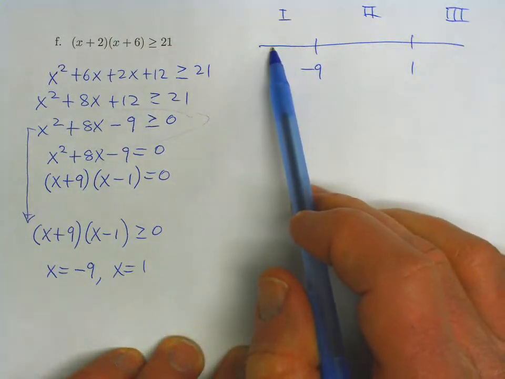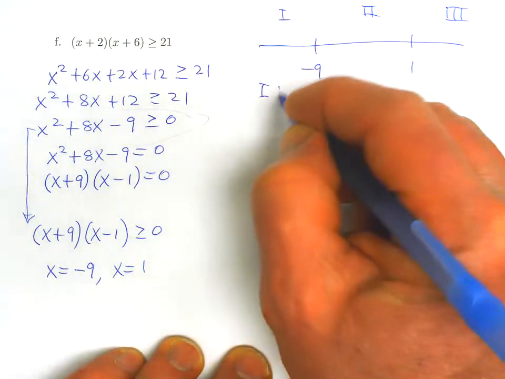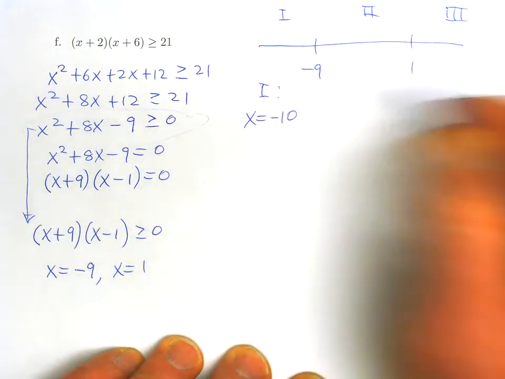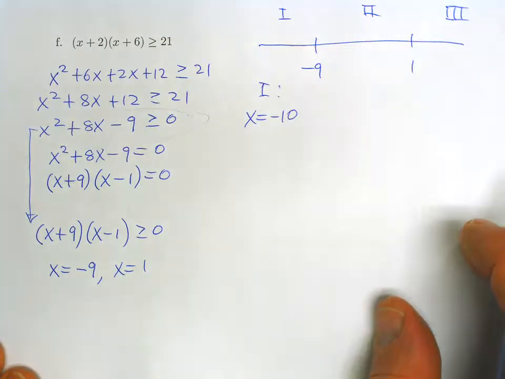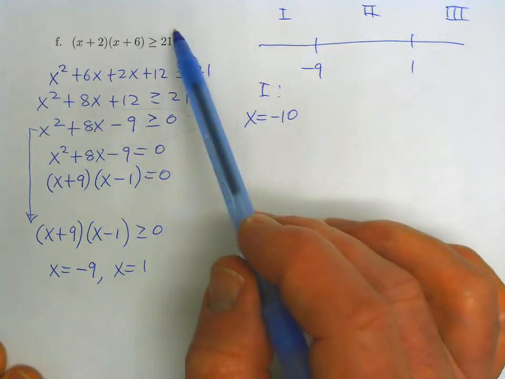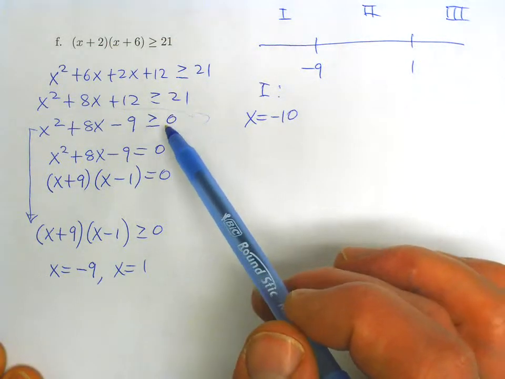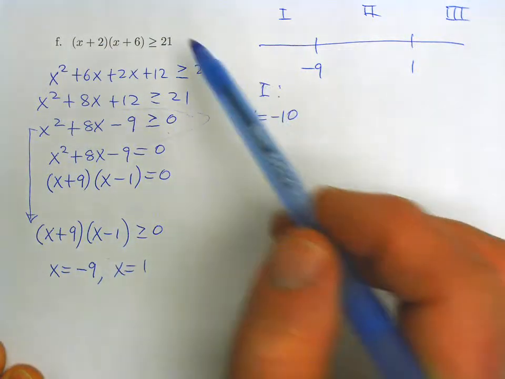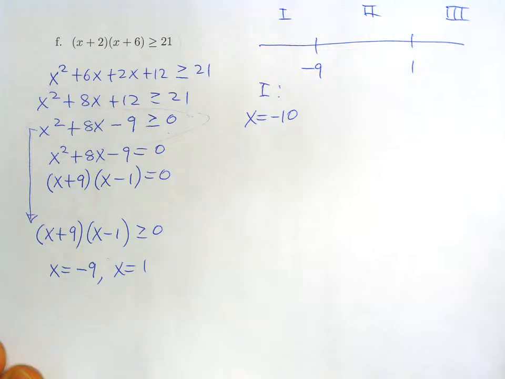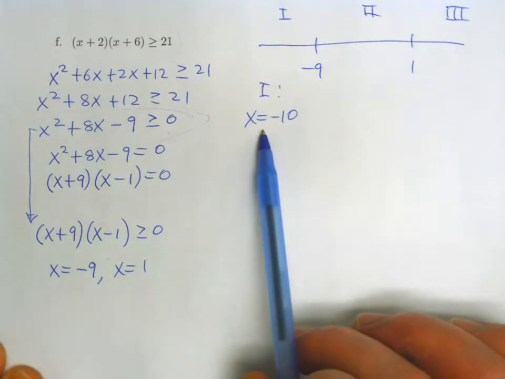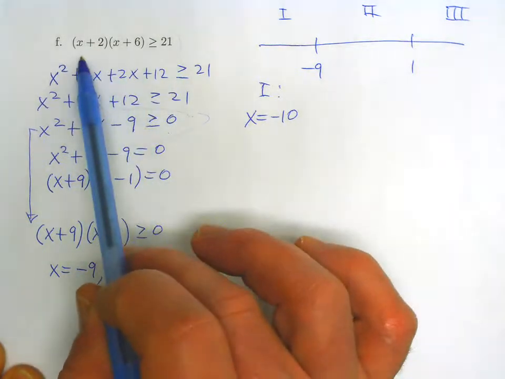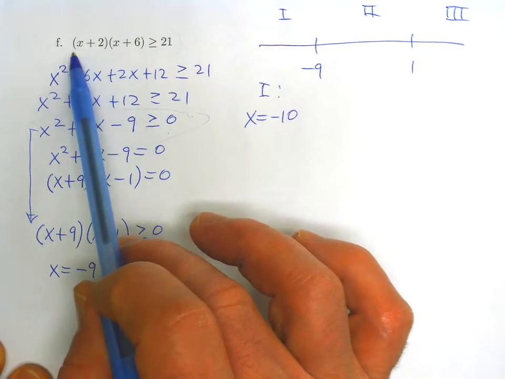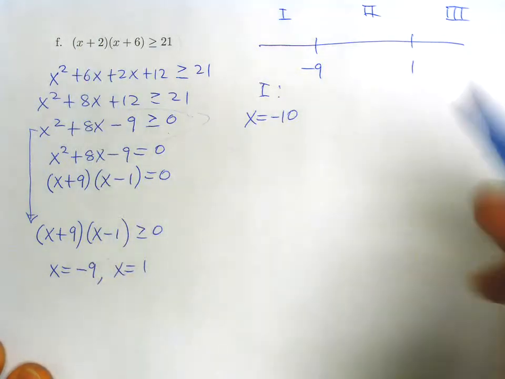In the interval on the left, pick any number you want less than -9. I'll pick x to be -10. And you can use any one of the inequalities that you want. Even the original one is not too bad. So why don't we try that? The original inequality, replace every x with -10. So in the factor on the left, -10 plus 2 is -8.